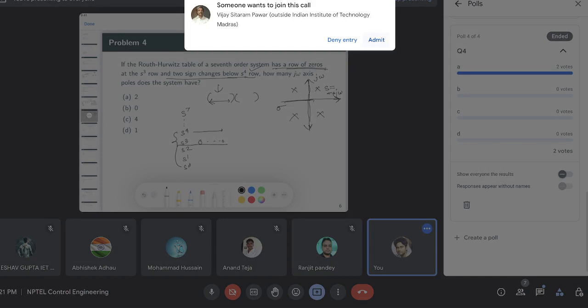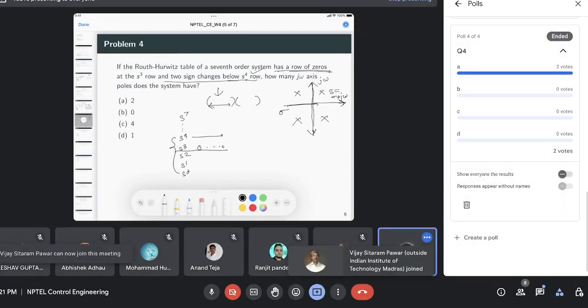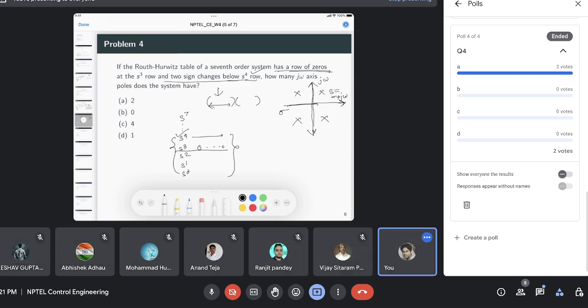Okay. So an S3 row of 0 means your auxiliary polynomial should be of what order? Fourth order, right? So whatever analysis you have after this fourth order row is valid for this auxiliary polynomial.